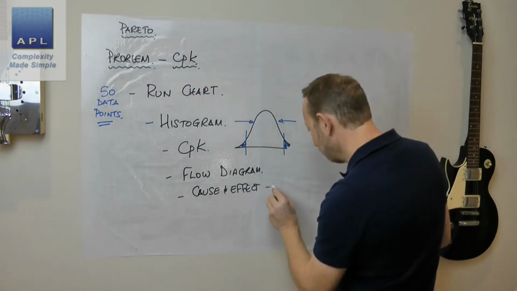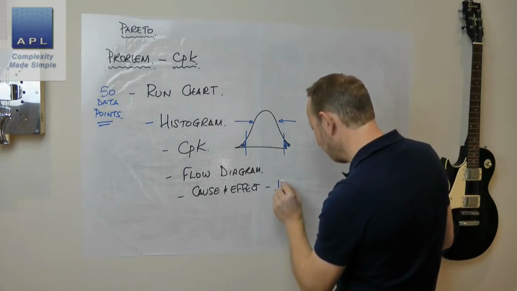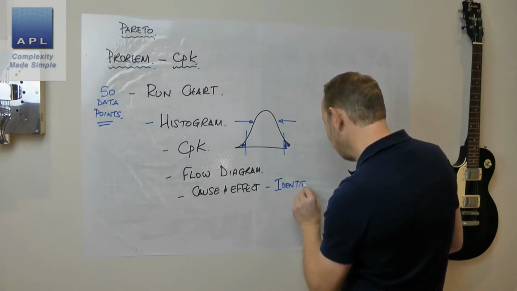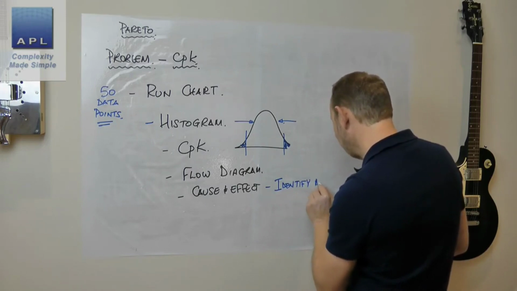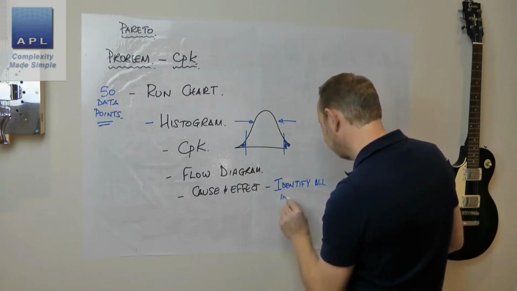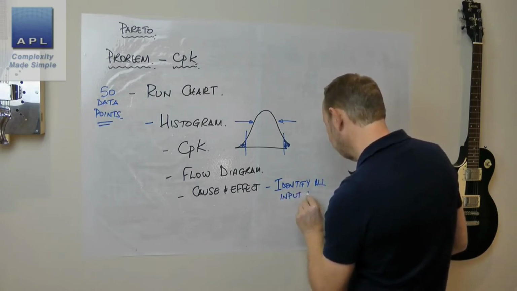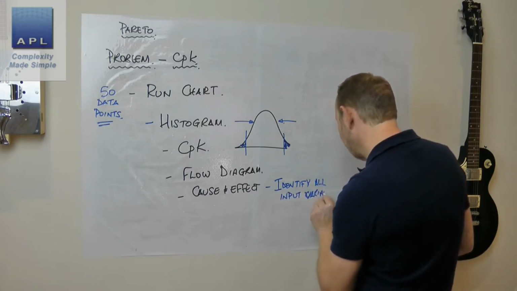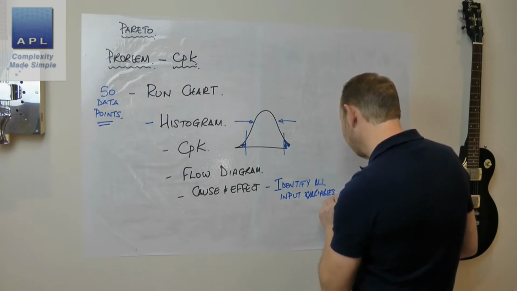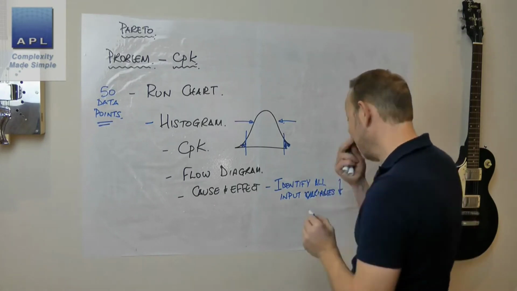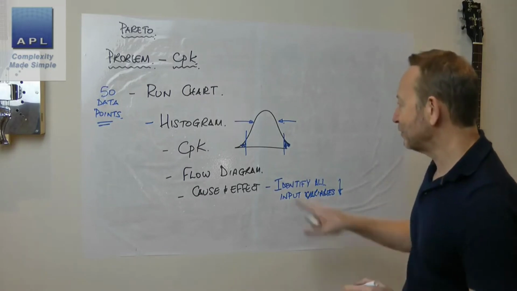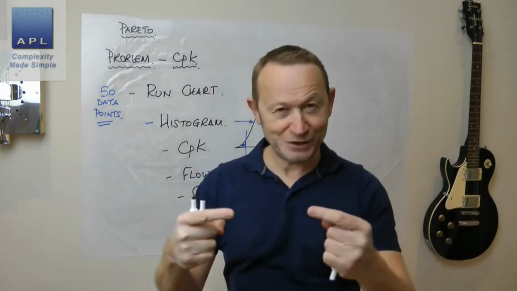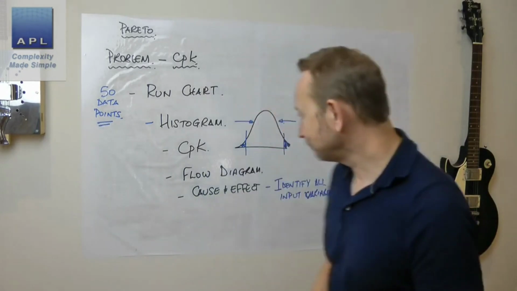Well, what I'm going to do is, of course, I'm going to identify all the input variables. And I'm going to reduce the variability. I'm going to control as much of that variability as I can. As I do that, I'm going to squeeze my CPK in.